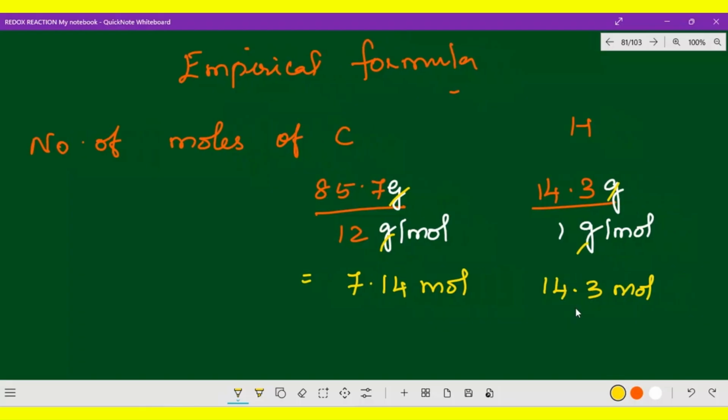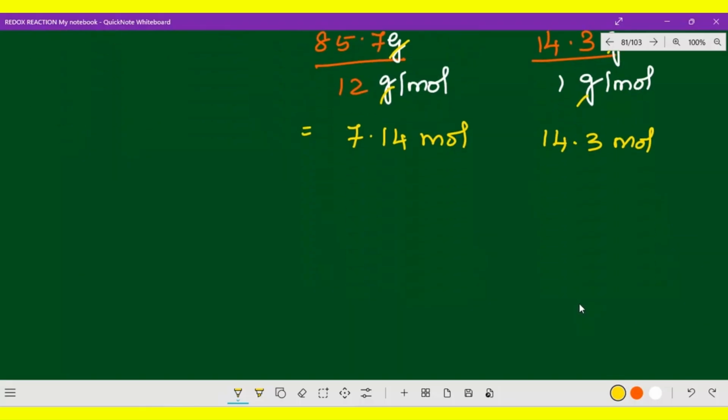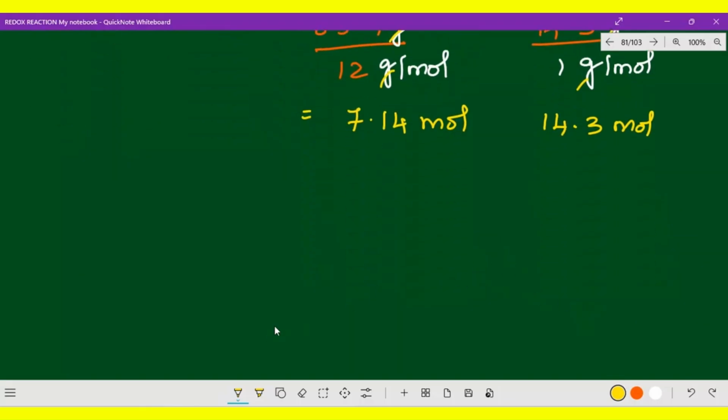Now hydrogen and carbon you found. Here we need a simple whole number ratio. This is a decimal, no? So you have to bring it to a simple whole number ratio.